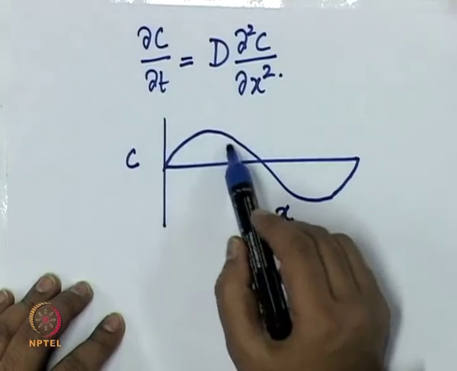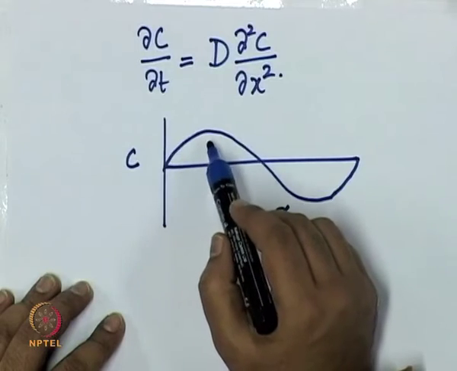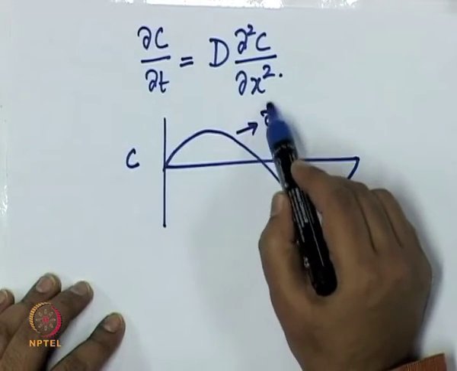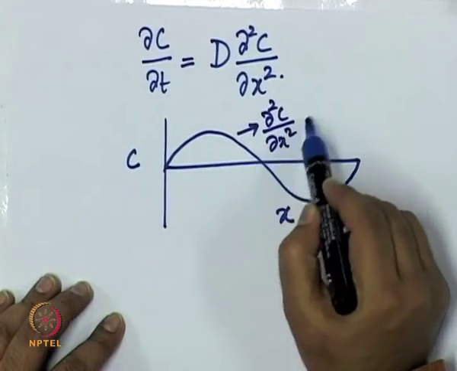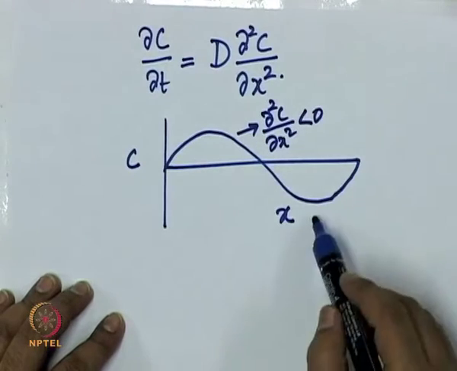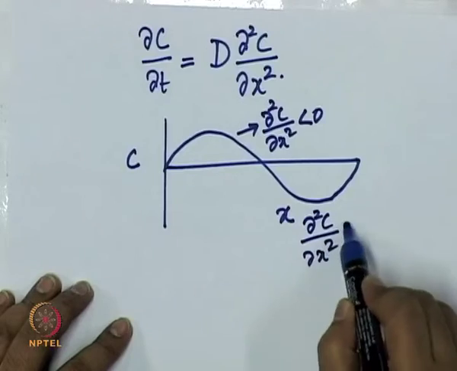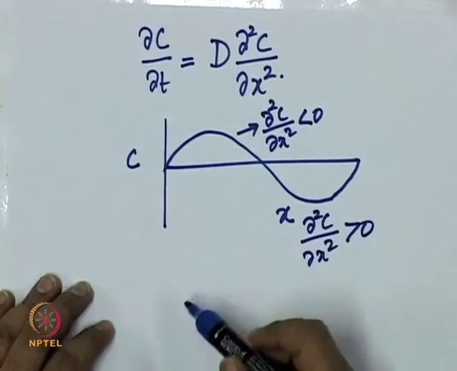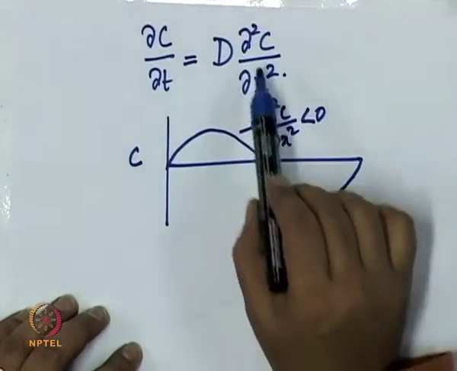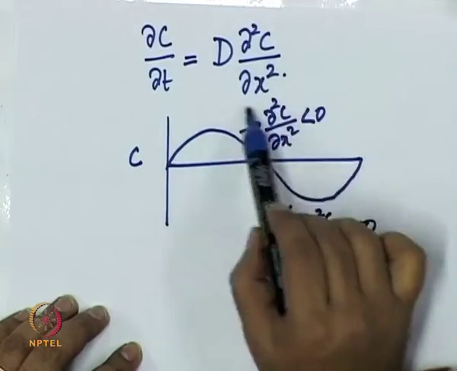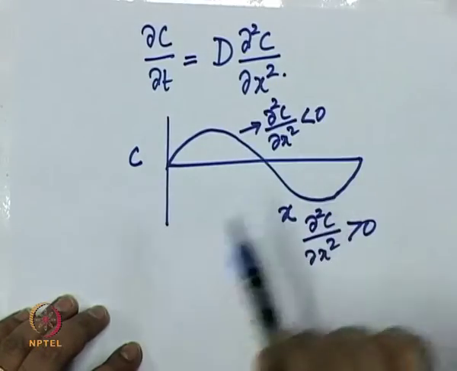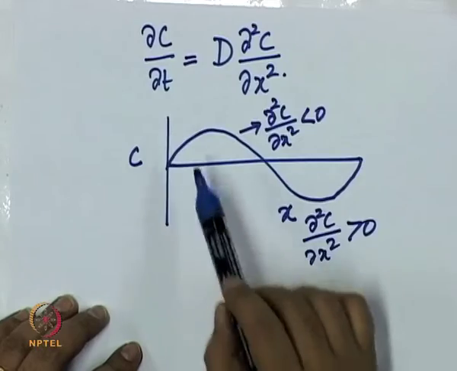Now, this curvature you can show is negative. This curvature is positive.